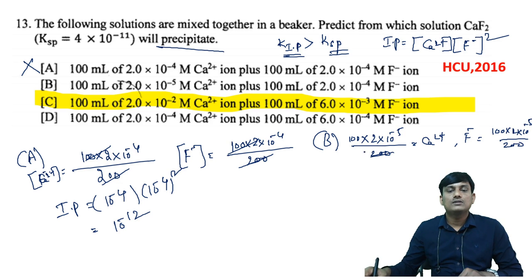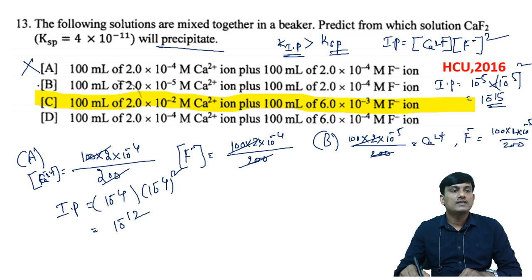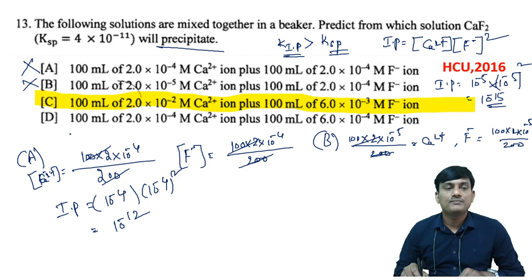So you will get 10^-5, and this one also 10^-5. So the ionic product will be 10^-5 into (10^-5) squared, so it will be 10^-15. This one is less than Ksp. In this case also there is no precipitation.